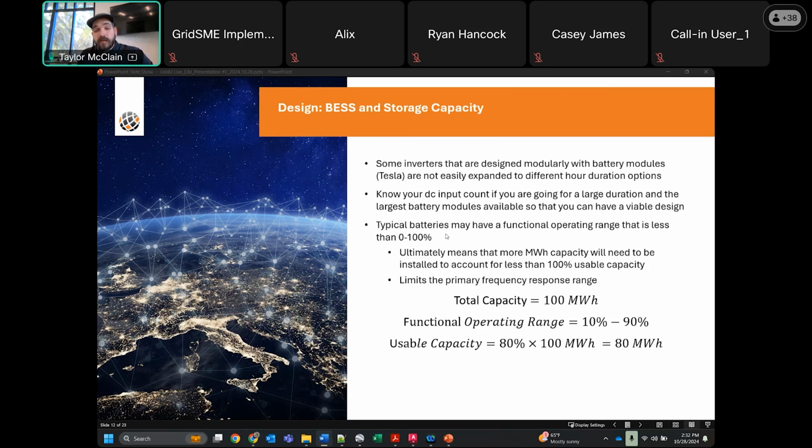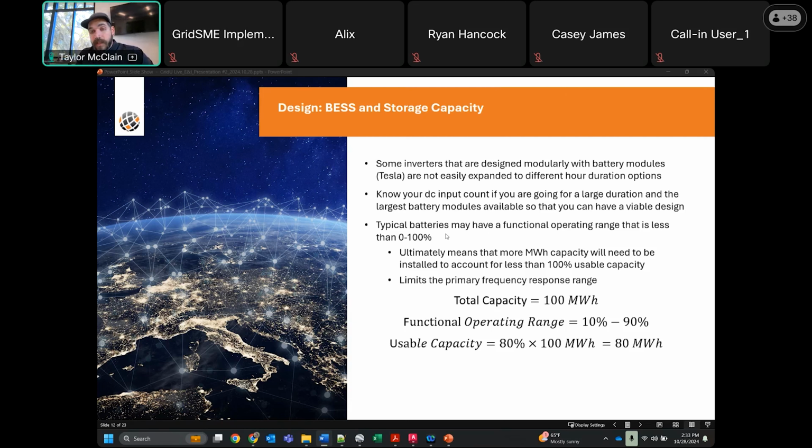Otherwise, what you're really looking at is, as we talked about before, the DC input count. Let's say that you want to do an 8-hour or a 12-hour system, which we have started to see a little bit of being proposed. Now you're going to need a lot more battery module counts behind each inverter. So you need to make sure that there are large enough battery module components with single inputs to be supported by the number of DC inputs on the inverter that you're selecting.